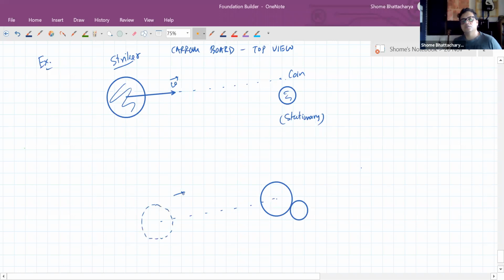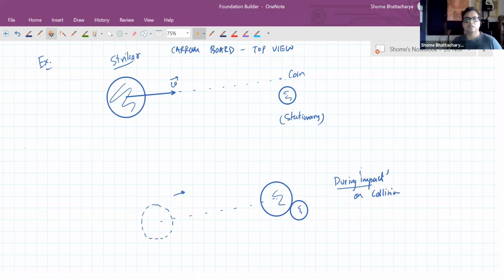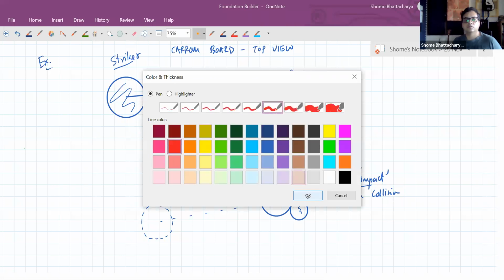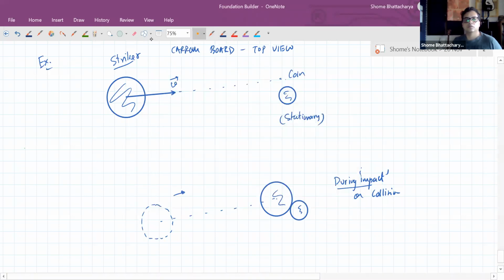So it came, and now during the impact or collision of the two, what will happen is that we will observe that the coin experiences a force like this, and the striker experiences equal and opposite force like this.